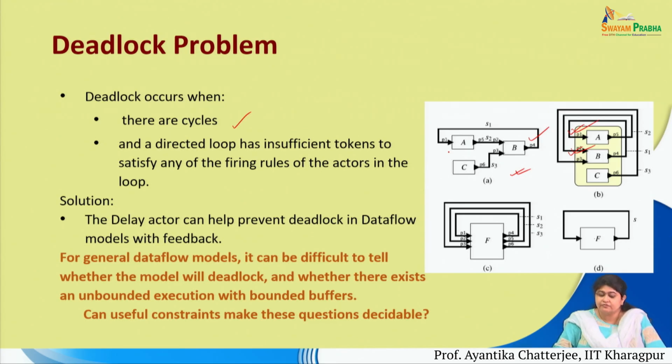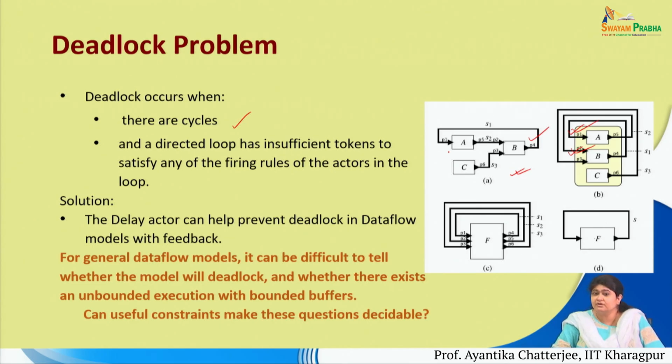Okay. So for general data flow models, it can be difficult to tell whether the model will deadlock and whether there exists an unbounded execution with bounded buffers. So whenever we are modeling a complex scenario, a general system, we are mapping that with our model of computation.